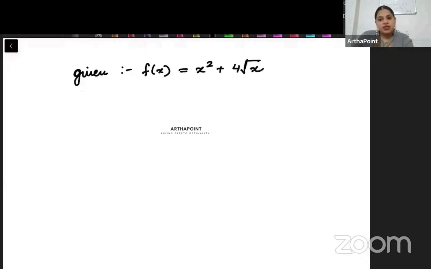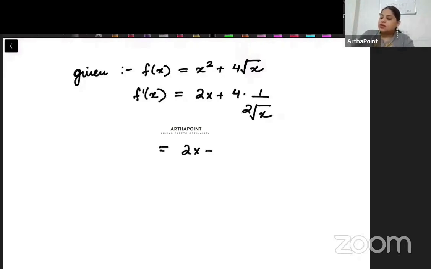Right? What will be f dash x? Slope means differentiation. F dash x will be 2x plus 4 into 1 by 2 root x. So this will be 2x plus 2 into 1 by root x.